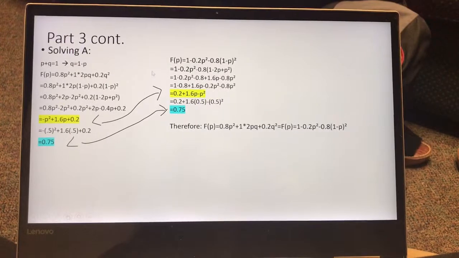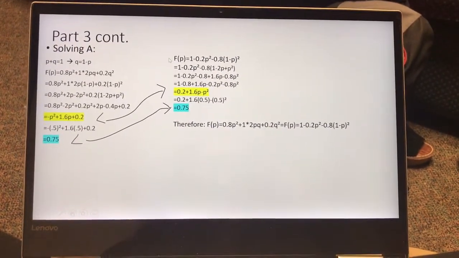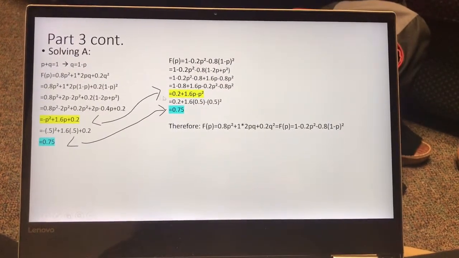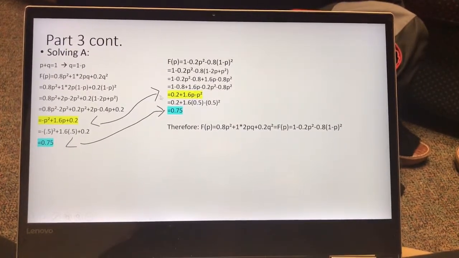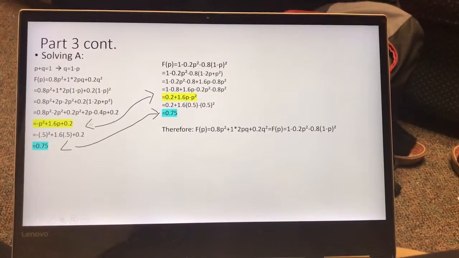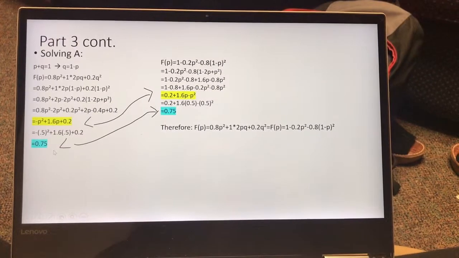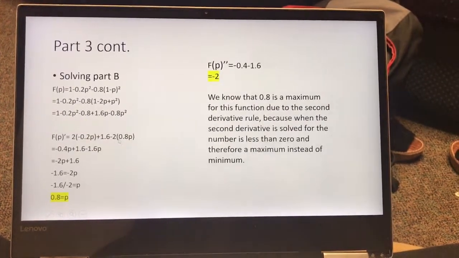And then we're going to simplify the function that we are supposed to show is equal, and you skip down to the highlighted yellow line and you get 0.2 plus 1.6p minus p squared, and we see that these two are equivalent to each other. And then plugging in 0.5, we see that they both equal 0.75, and we could do that with any other number that was plugged in for p.